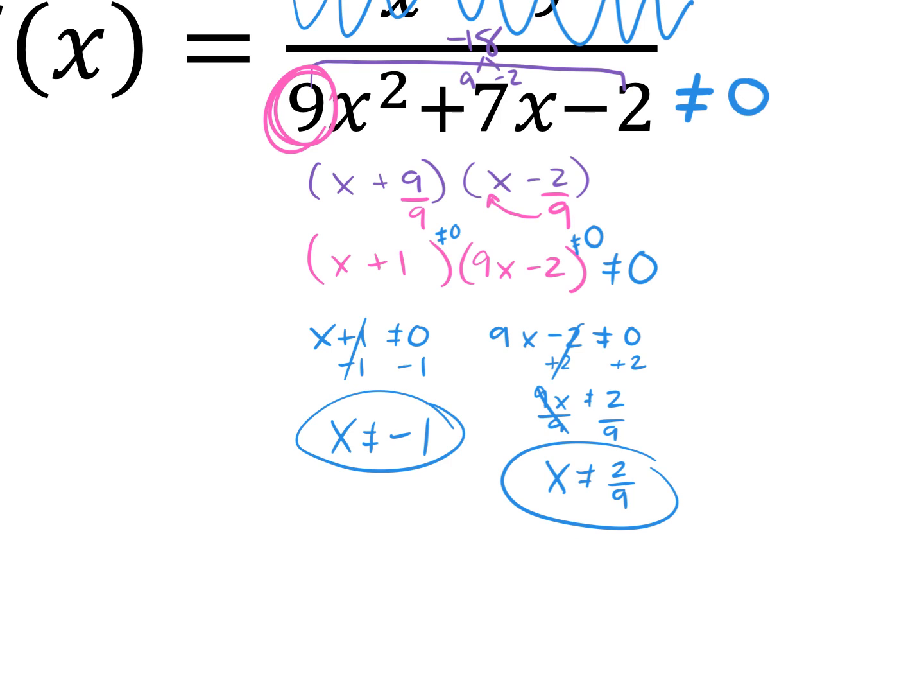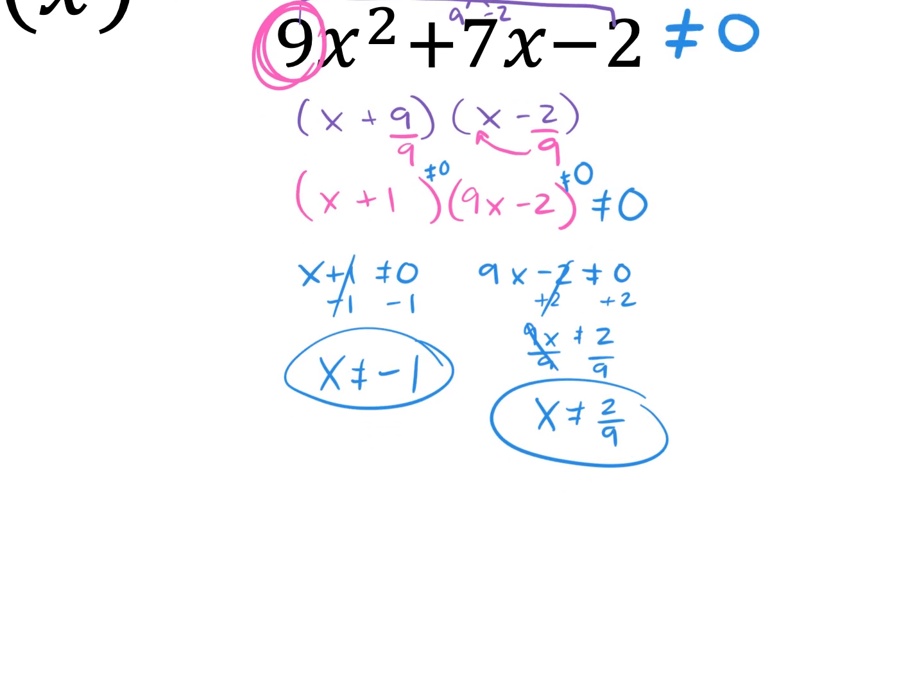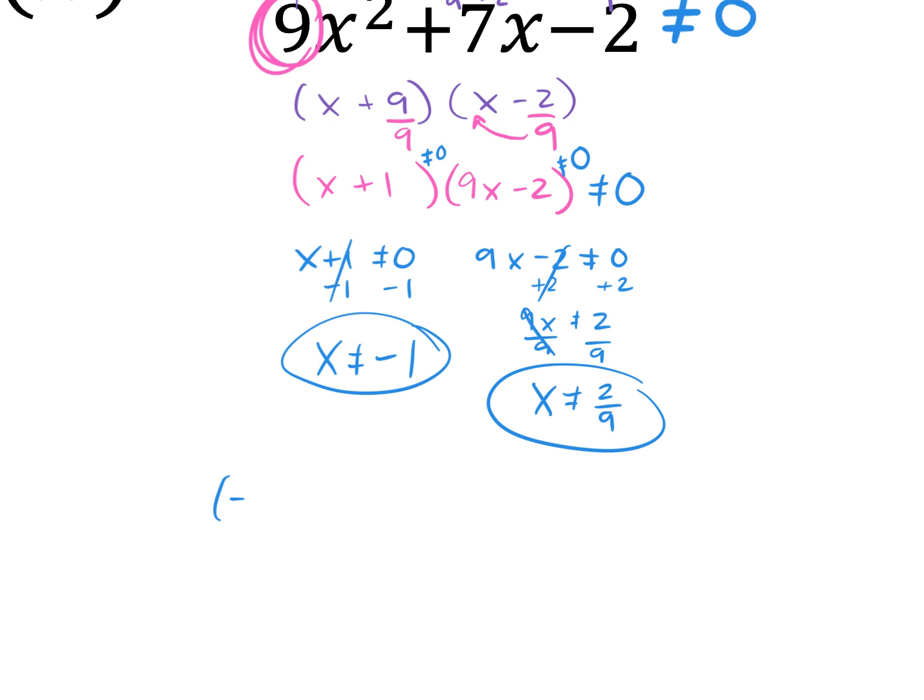Every other number except negative 1 and 2 over 9 works. So how we would write that would be from negative infinity. Which number is smaller, negative 1 or 2 over 9? Negative 1. So we start with that. Negative 1.